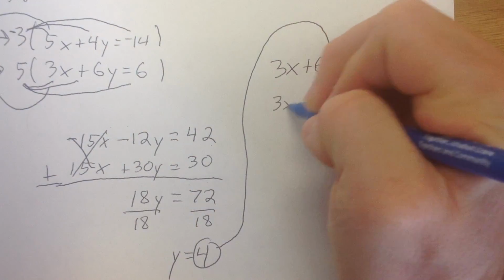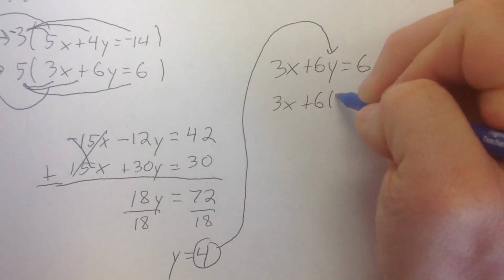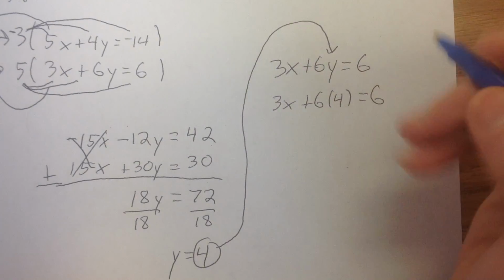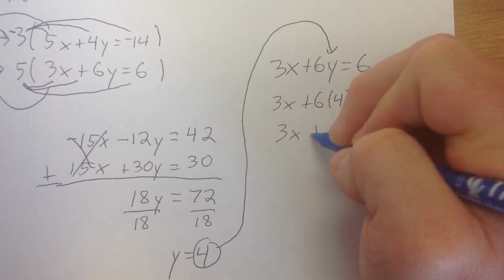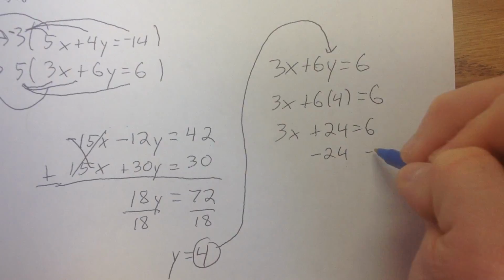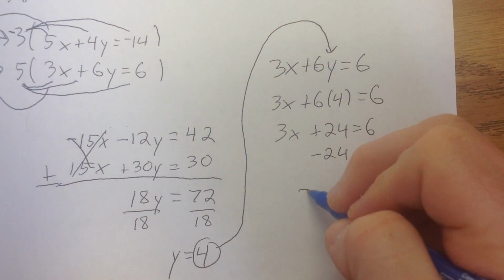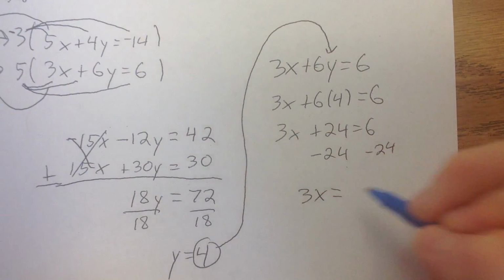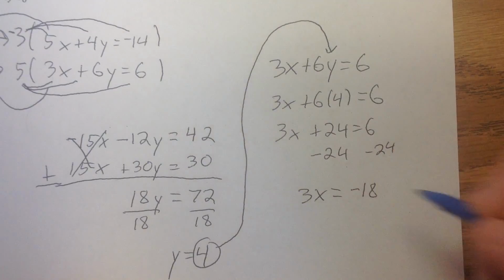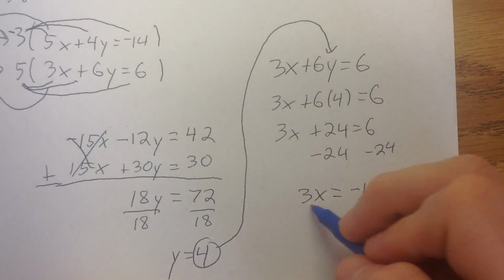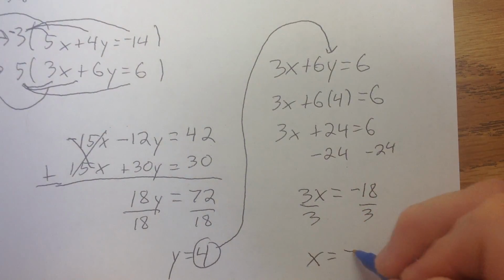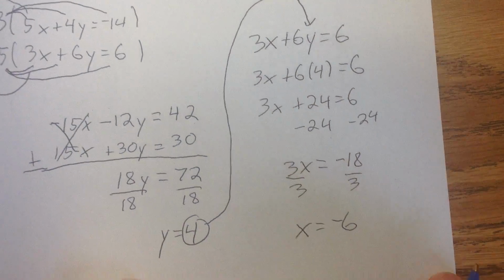And then I get 3x plus 6 times 4 equals 6. 3x plus 24 equals 6. Subtract 24 from both sides. And 3x equals a negative 18. So then we divide by 3, and x equals negative 6.